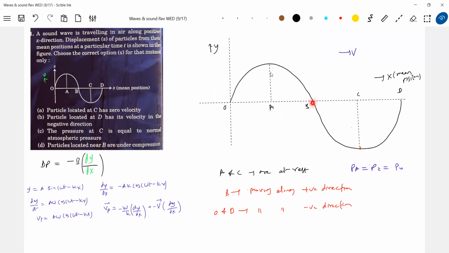We have this formula: if excess pressure is positive, compression; excess pressure negative, rarefaction. So look at the slope. At B the slope is negative, so B should be compression. What about D? D should be rarefaction.